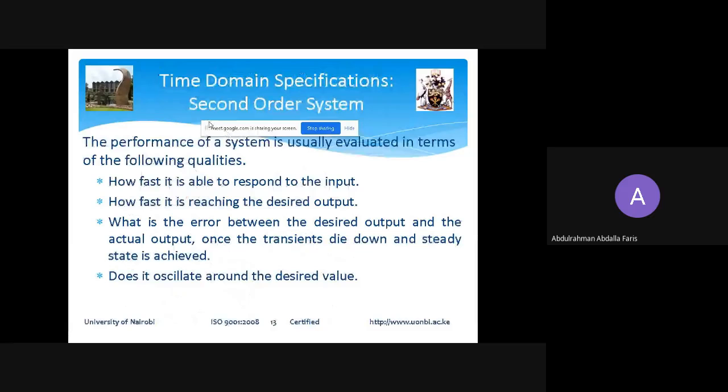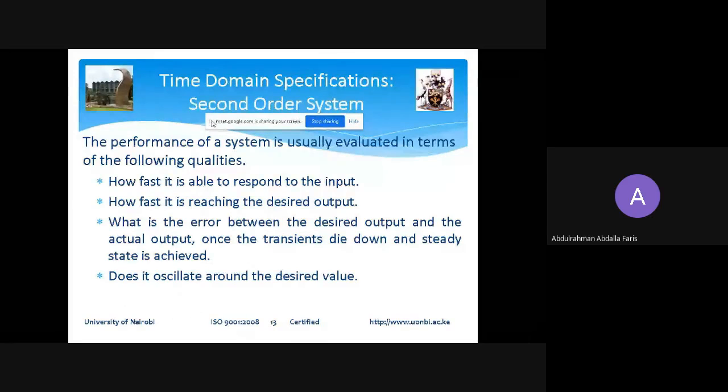The way we design is that we use some specifications for second order systems. The performance of a system is evaluated in terms of these qualities, which we have been talking about: how fast it will reach the desired output, the error between output and input. Remember, we talked about steady state error and oscillations around the desired value.